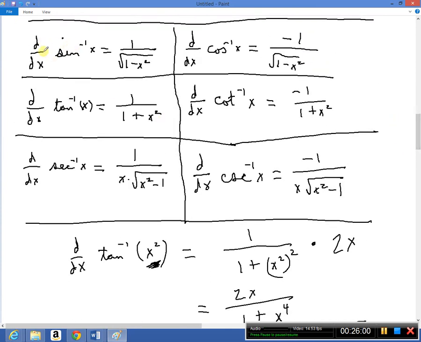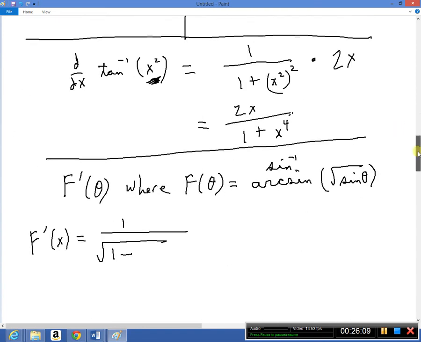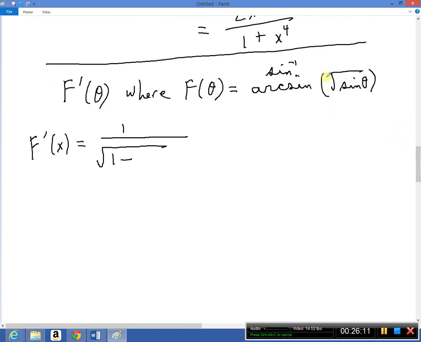Inverse sine derivative is 1 over the square root of 1 minus the argument squared. The thing you're plugging into the function squared. And what am I plugging into this function? Well, none other than the square root of sine theta. So I get to square the square root of sine theta. Well, we all know what that's going to be. That's not going to be too hard.